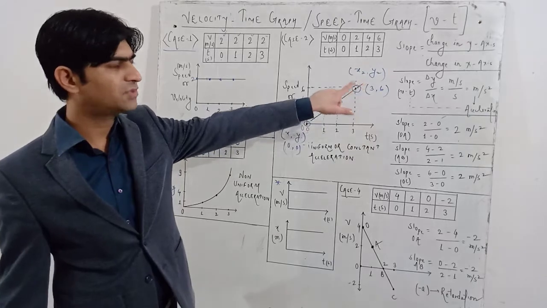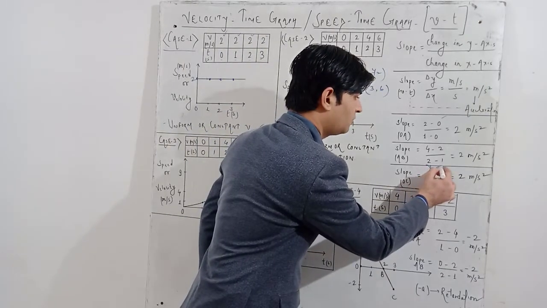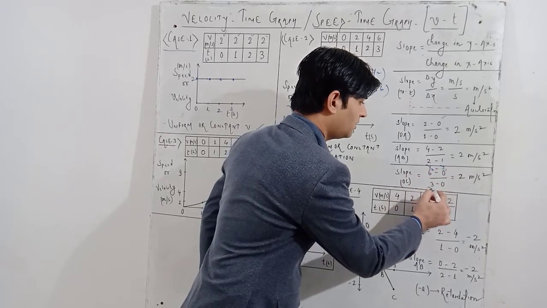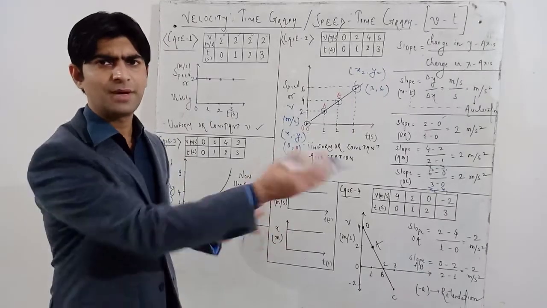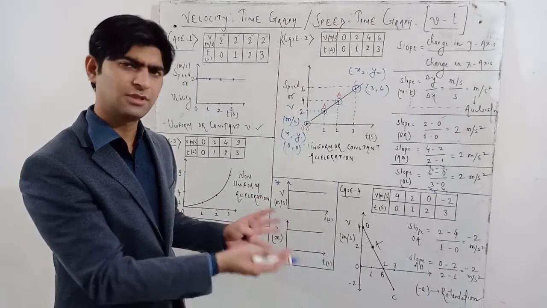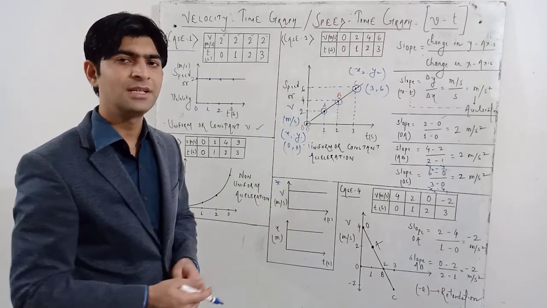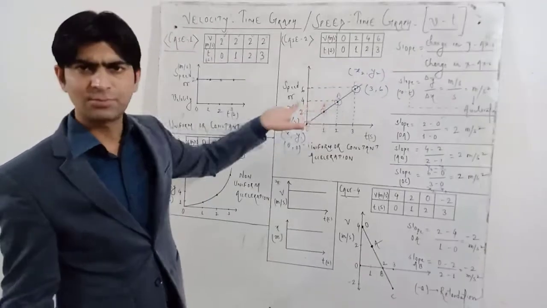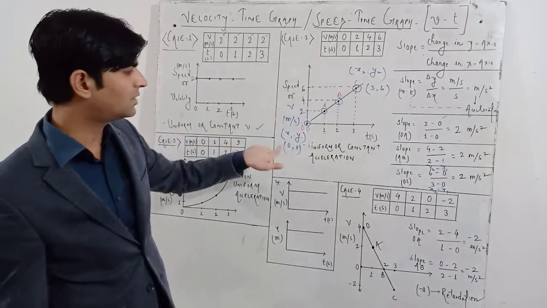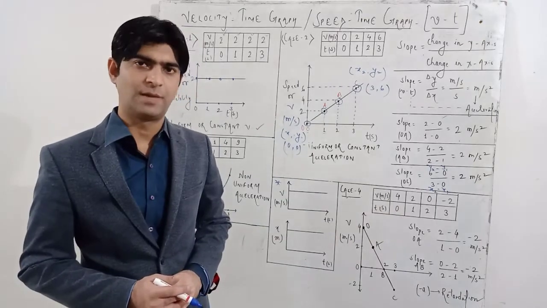So change in y-axis will be y2 minus y1 upon x2 minus x1. This will also give you the slope, the change in y-axis upon change in x-axis. So either you follow the first method, writing the corresponding points, or you first mark the coordinates and just write the formula y2 minus y1 upon x2 minus x1.